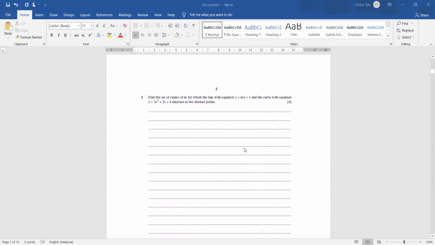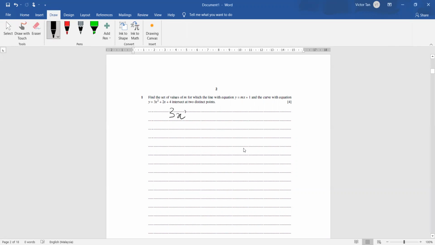Find the set of values of m for which the line with equation y equals mx plus 1 and the curve with equation y equals 3x squared plus 2x plus 4 intersect at two distinct points. This is a question of intersecting lines. Equating y, you get 3x squared plus 2x plus 4 equals mx plus 1.